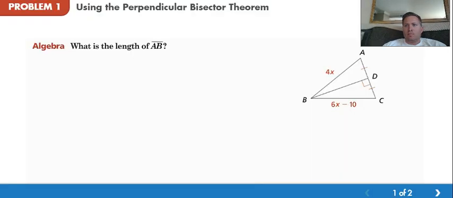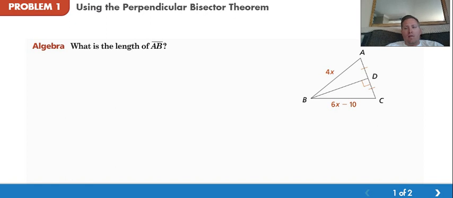For the first problem, we're going to be using our perpendicular bisector theorem. It says, what is the length of AB? Looking at this, we see this line is perpendicular because it makes 90 degrees, and it also bisects. We can see that from the congruent signs.